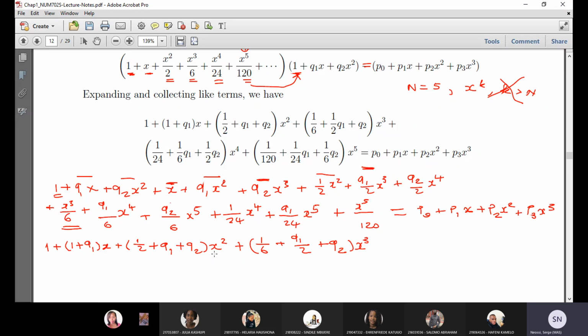Okay, so the next term is the term in x to the 4th, right? So let us look at it. Okay, everything here has been selected already. So this is x to the 4th, this one. This is another one, okay. We have this one, 1 by 24. 1 by 24 is this one.